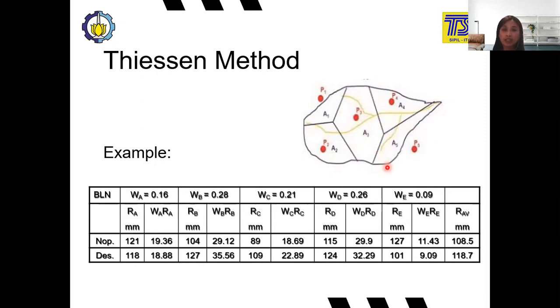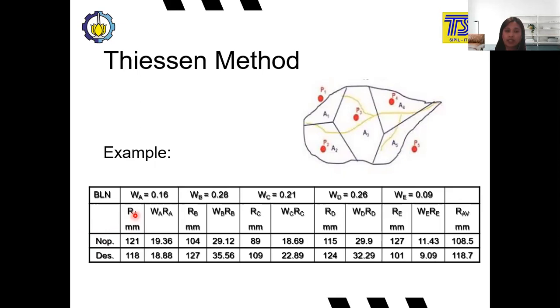Here we have 1, 2, 3, 4, 5, and then we got the W of station A, station B, station C, D, and E, and then we can calculate for each month. For example, here in November.